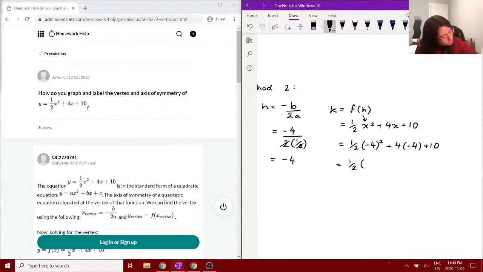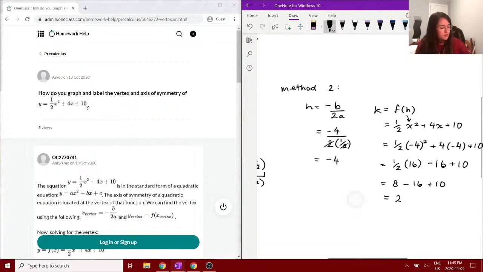So minus 4 squared is 16, and remember squared just gets rid of the negative sign. So that's 16 divided by 2, the first term, 8, minus 16 plus 10, and that will give you a final answer of 2.